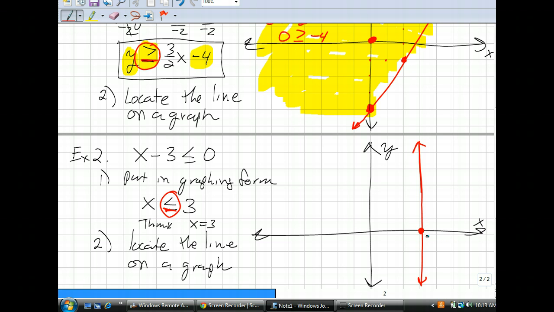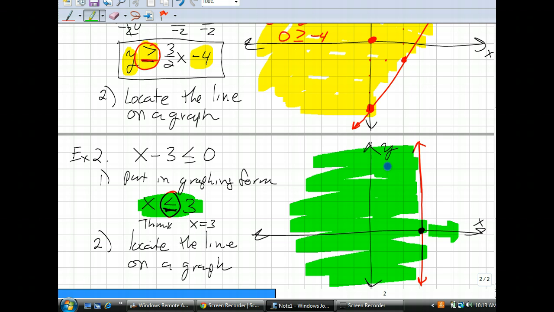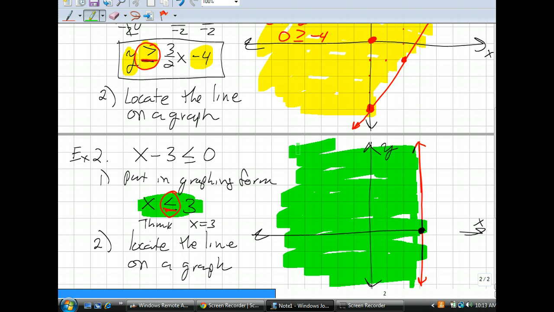Okay, now I want all the x's less than 3. If I go this way, the x's are bigger than 3. If I go this way, the x's are less than 3. So this is the side I want to shade. We don't want the other side, because it's everything to the left of that vertical line.